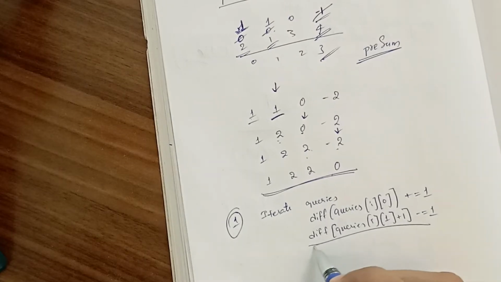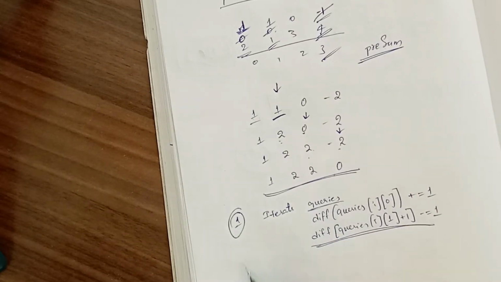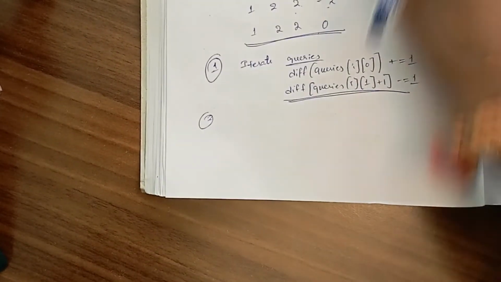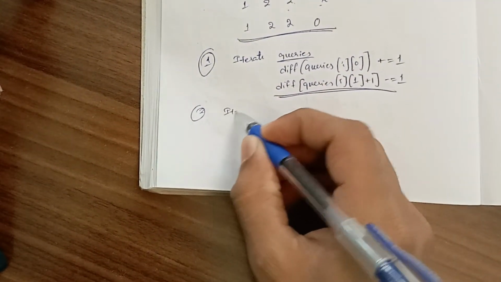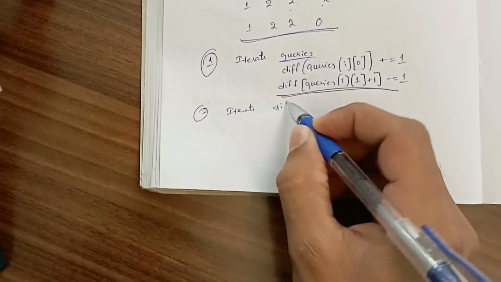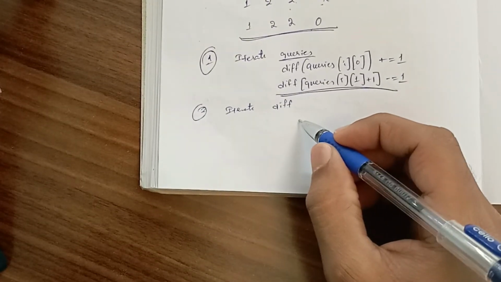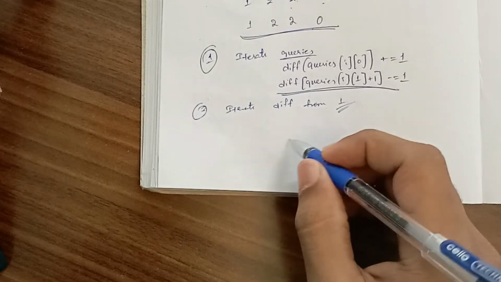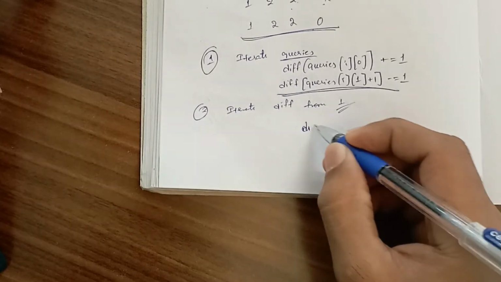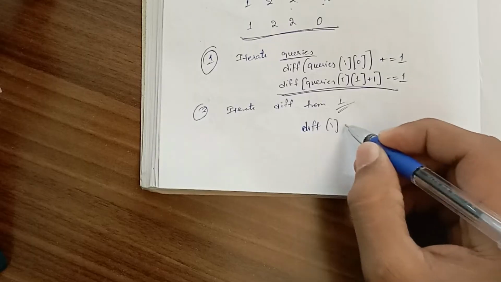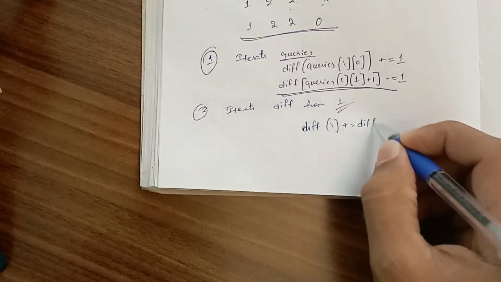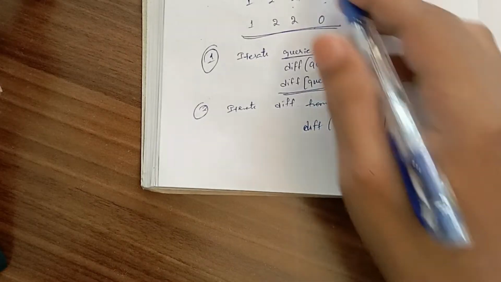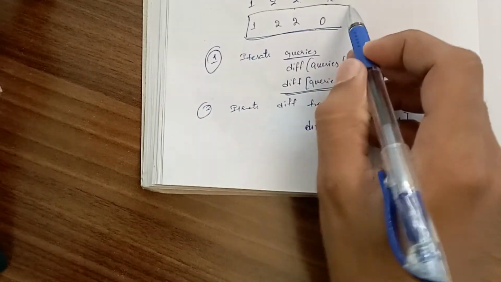So we need to do this. After iterating these queries, we need to calculate the prefix sum. So iterate the difference array from index 1. Difference of i plus equal to difference of i minus 1, and then we will be getting our difference array.